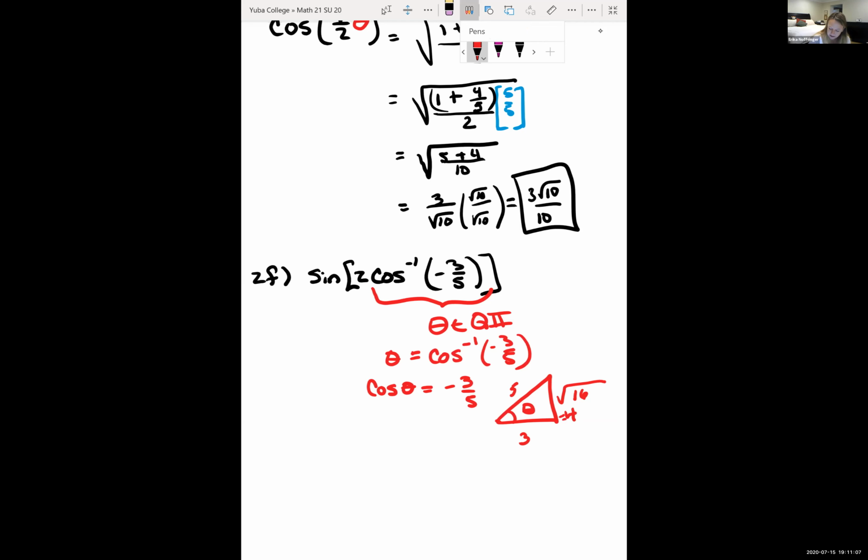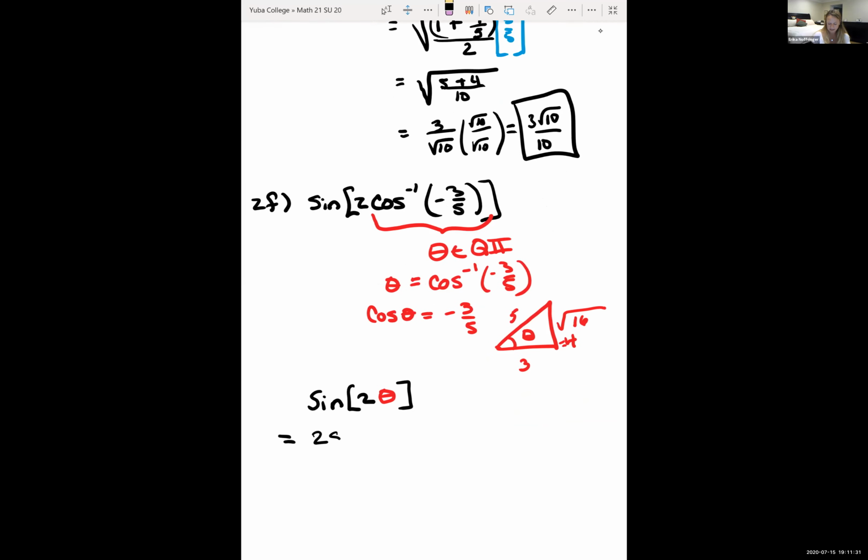So let's rewrite it. This is really sine of 2 times cosine inverse of this -3/5, which we called theta. So let's just replace it with theta. Use your formula for sine of 2 theta. This is equivalent to 2 sine theta cosine theta. So this is 2, well, sine theta, let's use our triangle, is opposite over hypotenuse, so 4/5.